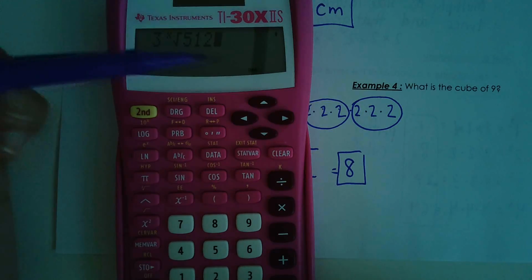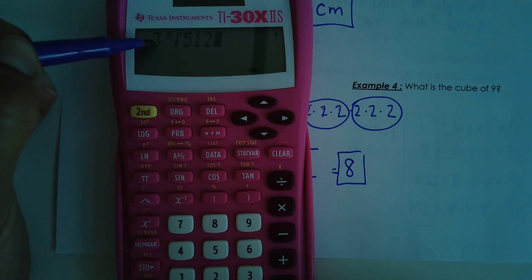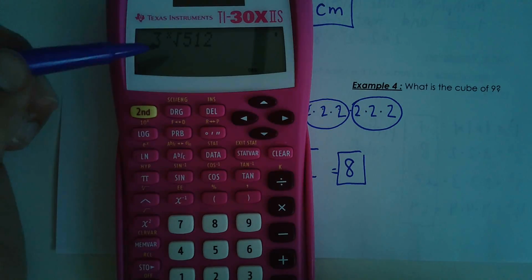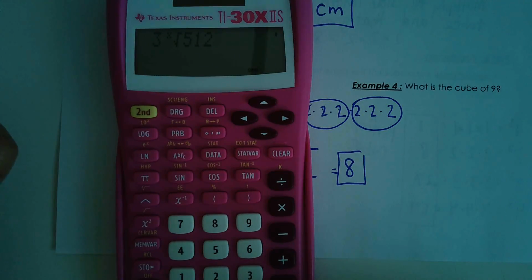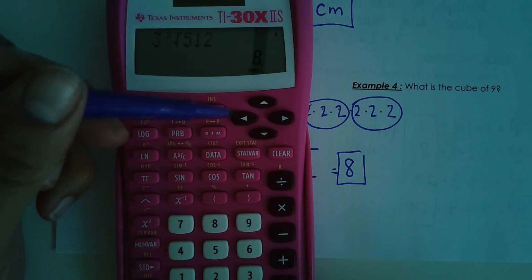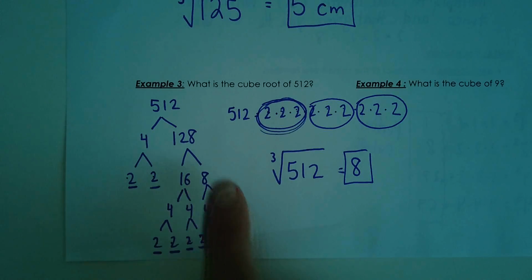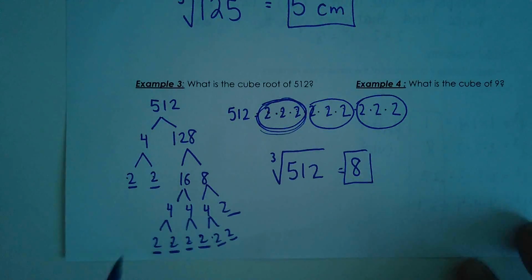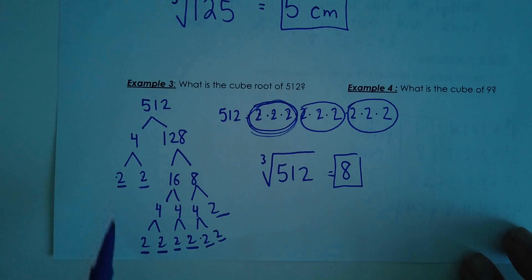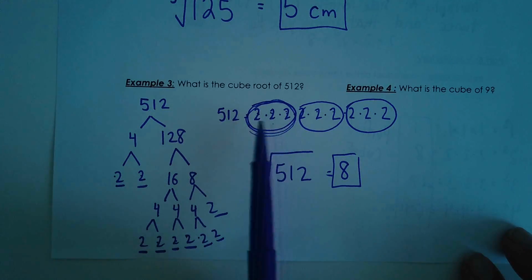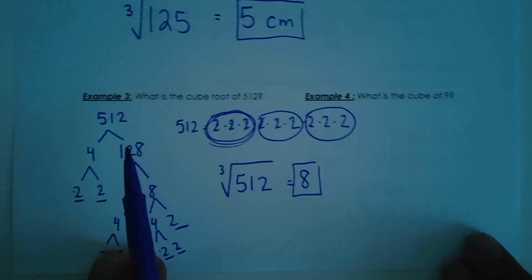So this 3 really belongs where the x is. So what times what times what gives me 512? And the answer is 8. So you can use your calculator, or you can use a factor tree, come up with how many prime factors you have and how many groups. You put them in 3 groups and find the value of one group.